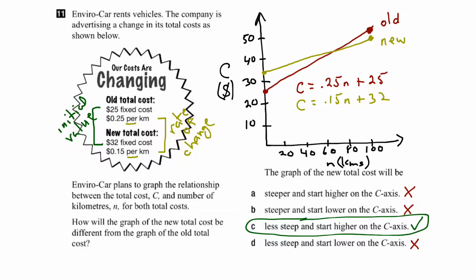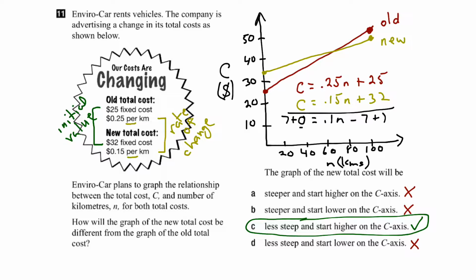Now if we wanted to know the exact number of kilometers for which the old and the new cost model are identical, we can simply subtract these two equations here. So C minus C is 0, 0.25n minus 0.15n is 0.1n, and 25 minus 32 is negative 7. Now I can add 7 to both sides here.